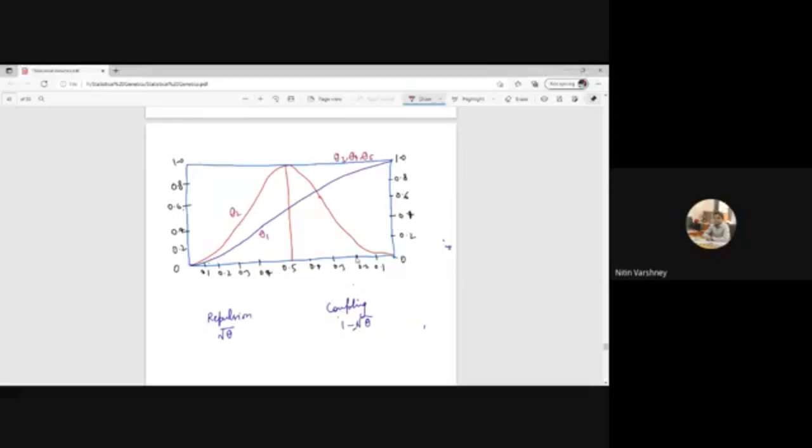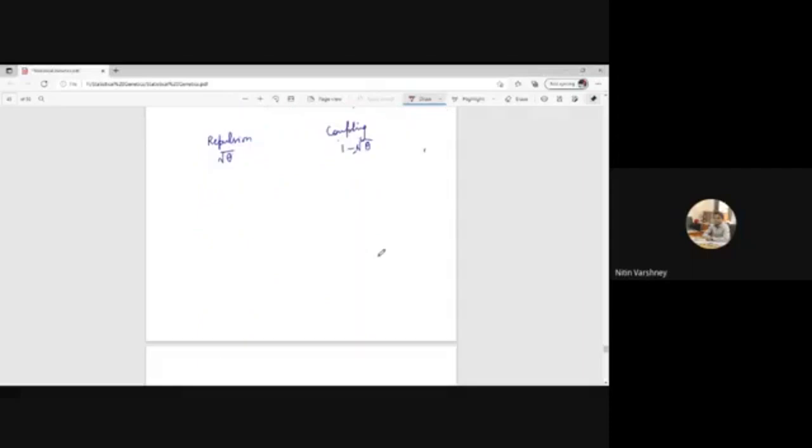The efficiency of theta 1, E theta 1. If I want to calculate the efficiency of theta 1, I calculate the variance of theta in MLE and the variance of theta in case of which method?